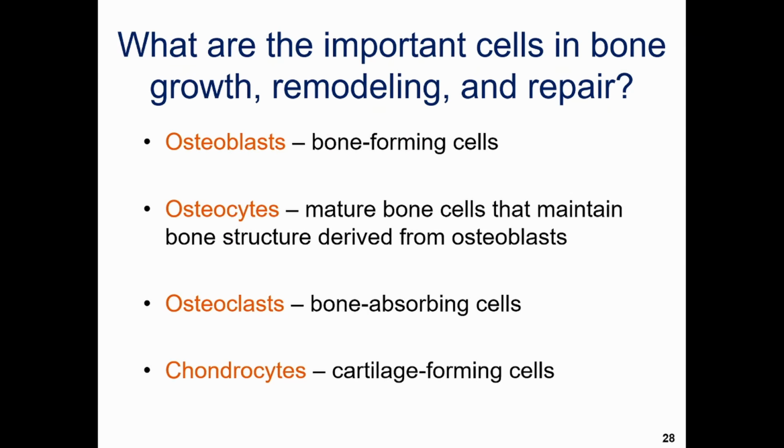So if you see clast in any situation, that tells us that we're absorbing or breaking something down. So osteoclasts are cells that absorb bone. And then chondrocytes, we already see cyte, we know that's a cell, but chondro has to do with cartilage. So chondrocytes are cartilage cells. All of these are key players in the process of growing, remodeling, and repairing.